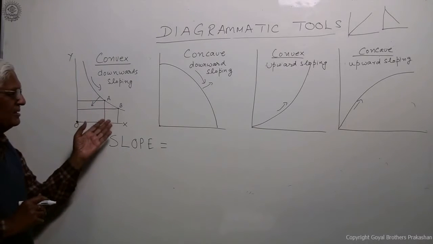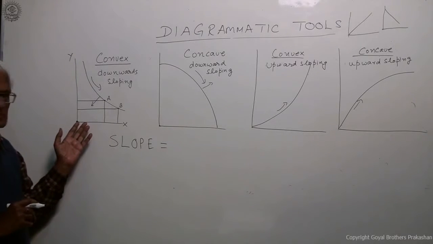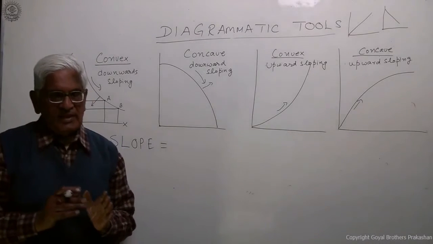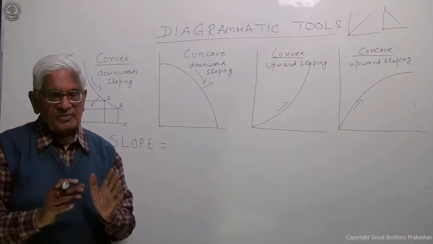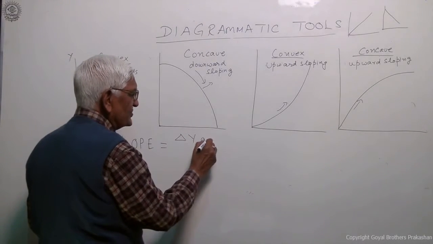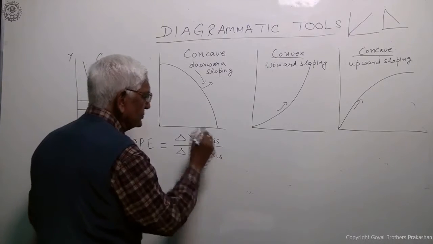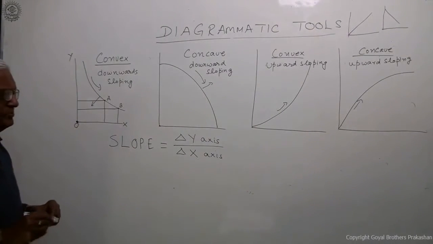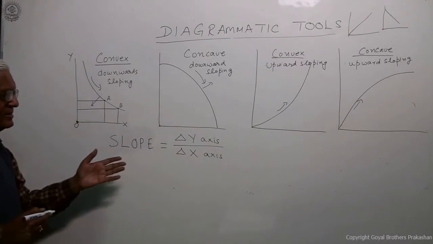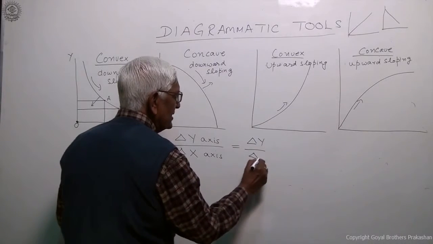You are gaining X and you are losing Y. So when we talk of slope, we say how much we have gained in terms of X and how much we have lost in terms of Y. We take their ratio, delta Y divided by delta X. Normally, in economics, we write delta Y upon delta X.